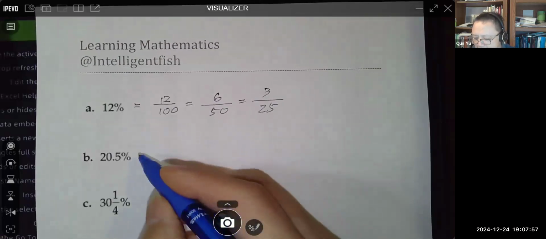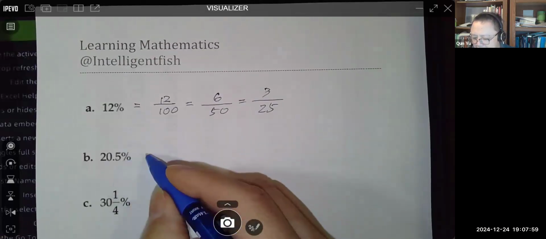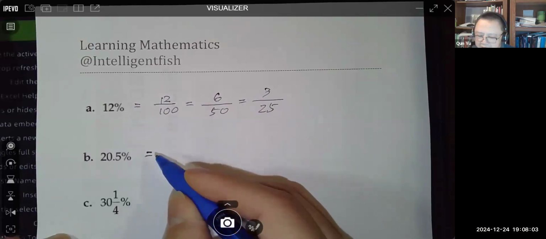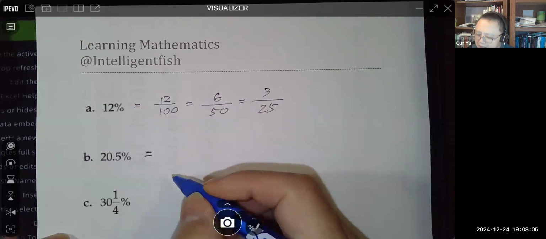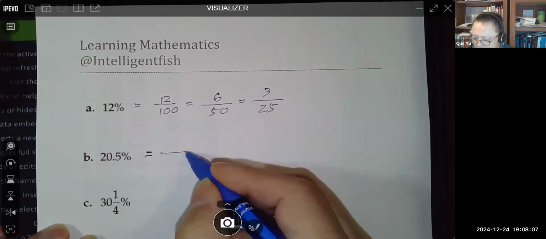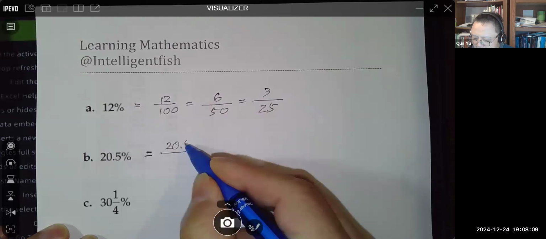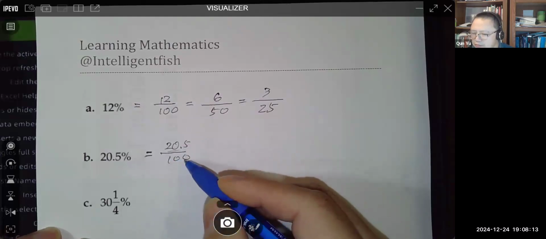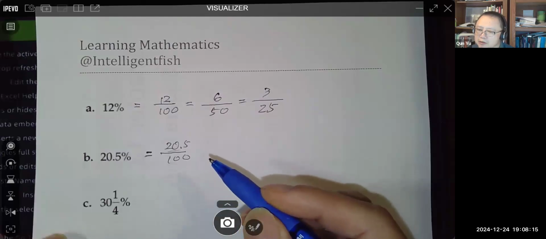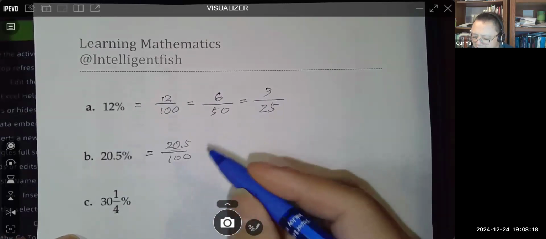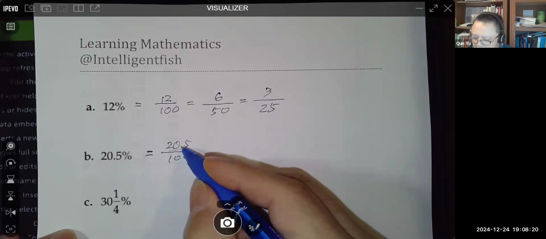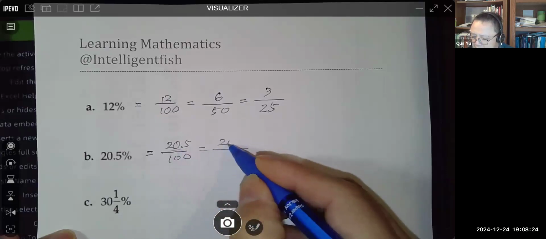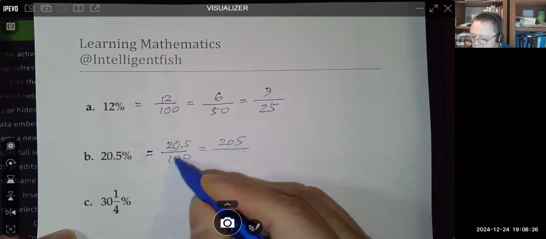Now, the second one, we have a decimal percent, but it doesn't mean any fundamental difference because percent still means per 100. So we get 20.5 per 100. Now, to have this become a real fraction, you cannot have a decimal digit in it. As a result, we need to move one decimal place to the right to make it a whole number. But you have to do the same thing to the other side.